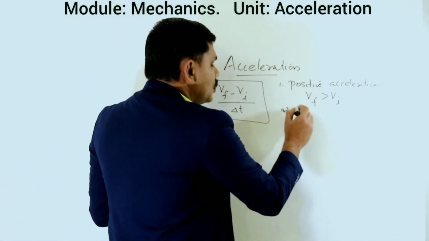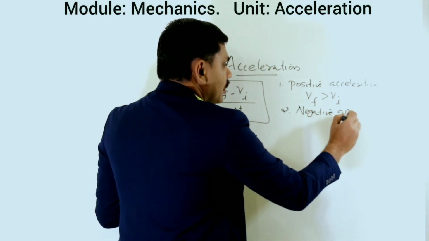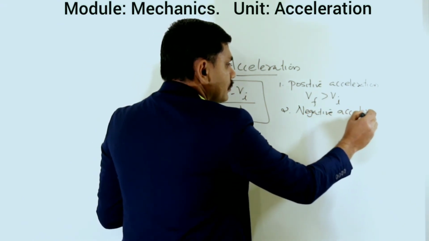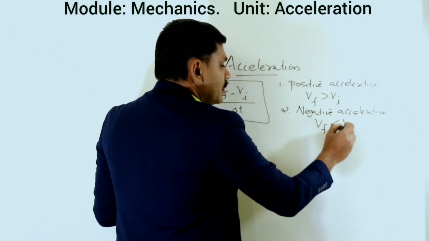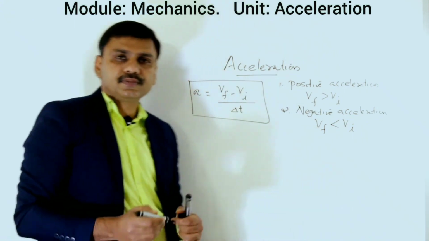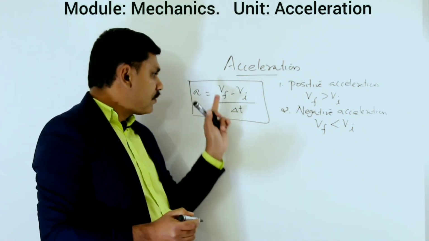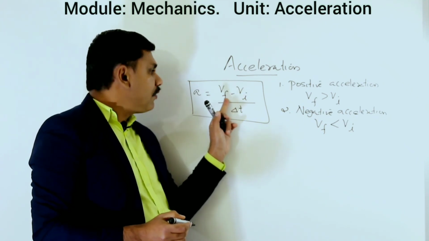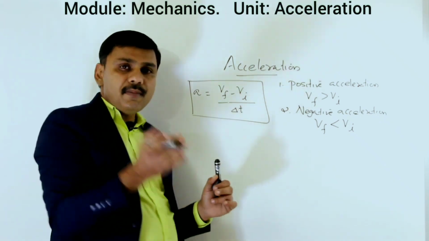In negative acceleration, what do you mean by negative acceleration? The final velocity will be less than the initial velocity. From the equation it is clear, if the final velocity is less than the initial velocity, this difference becomes negative.